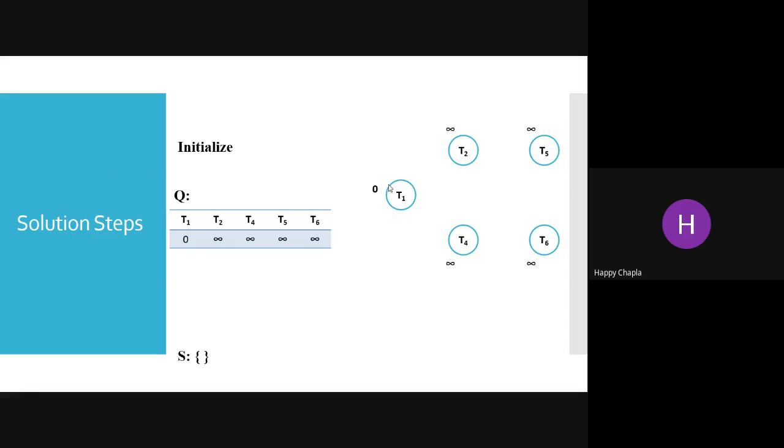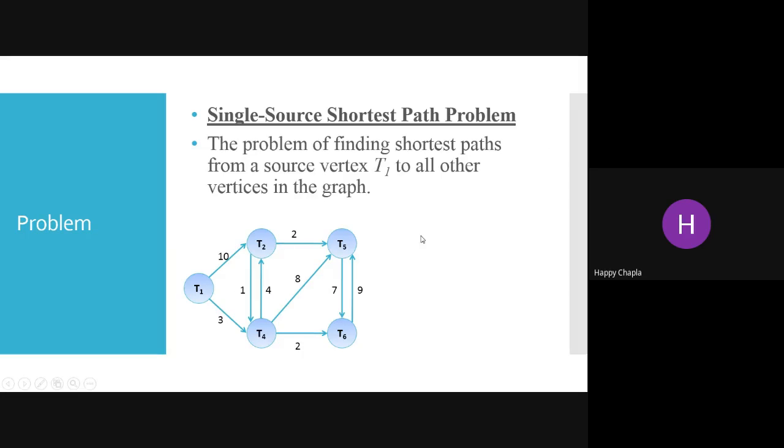So assume T1 to T1 equals 0, T2 infinite, infinite, infinite, infinite. Okay, forget about this distance. You can take a screenshot, so that it is a bit easy for you to choose the particular path every time, otherwise I need to shift from the previous to the next slide.